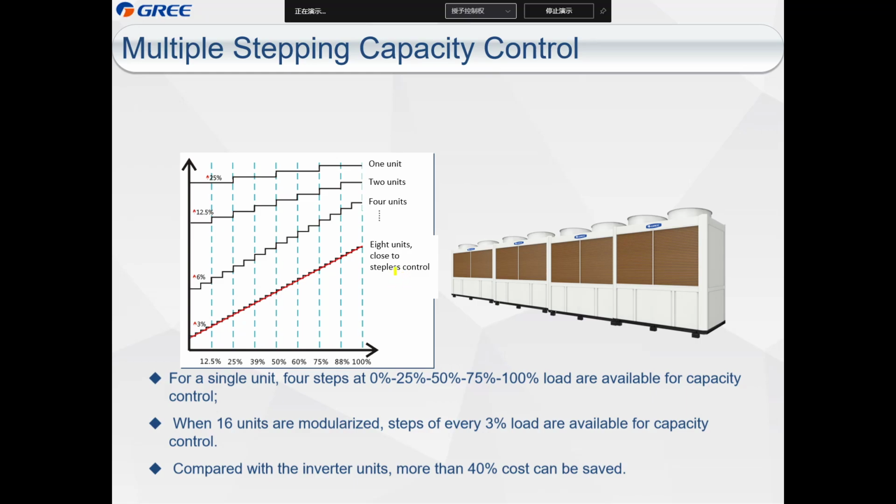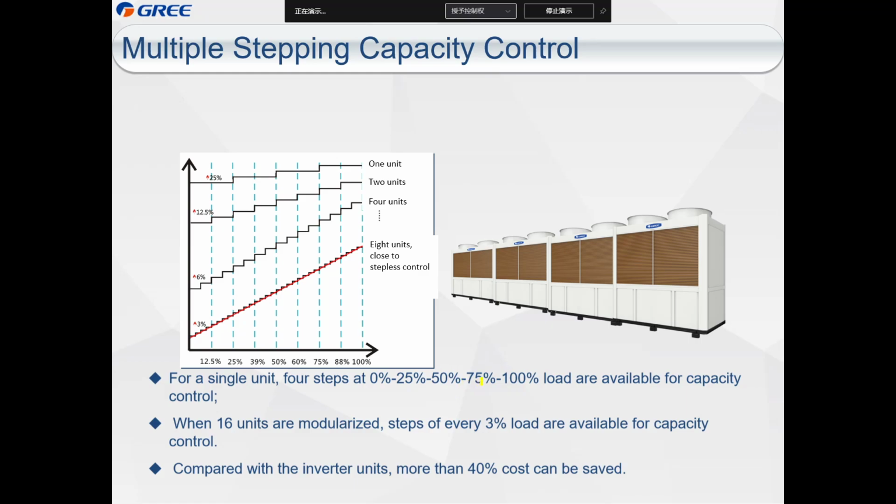This is for 16 units. You see here, there is the explanation. For a single module, there are 4 steps, for the unit with 4 compressors.